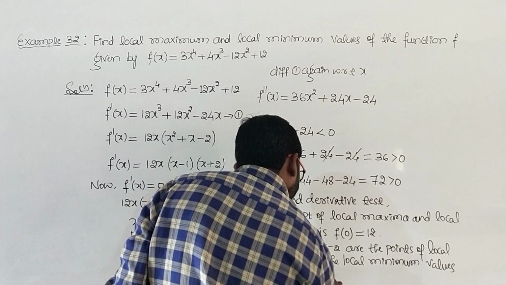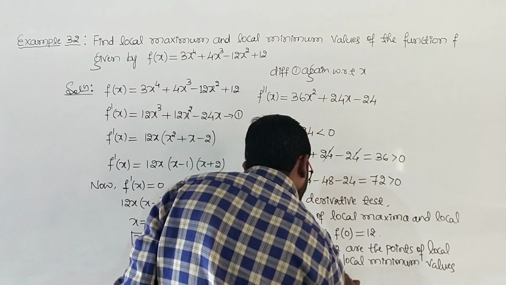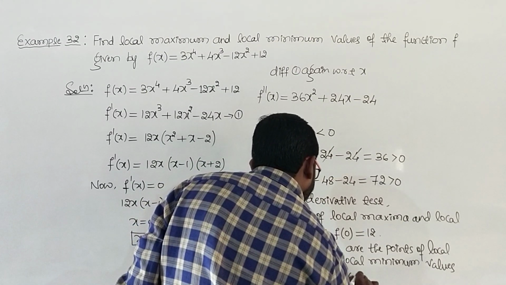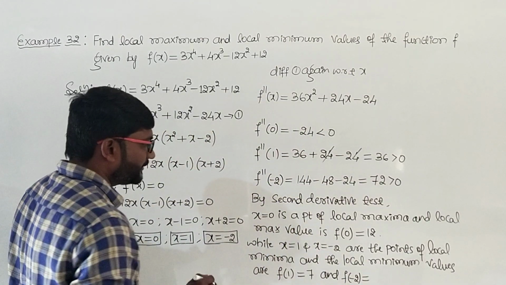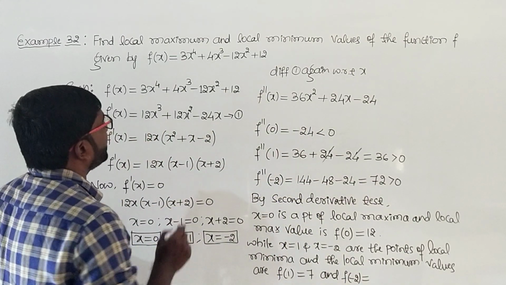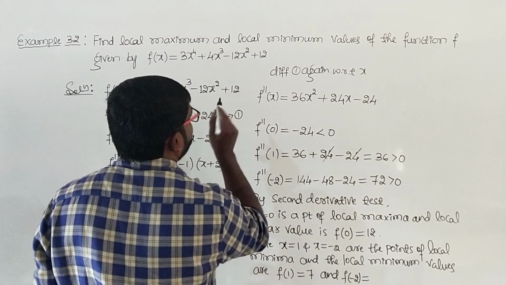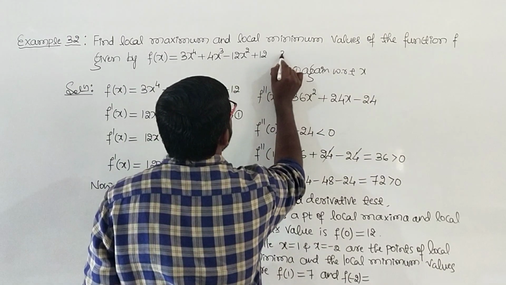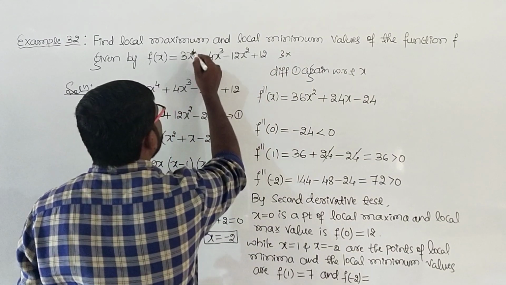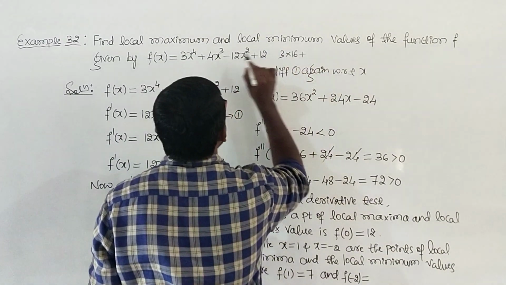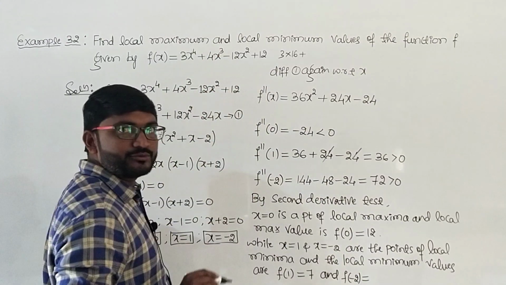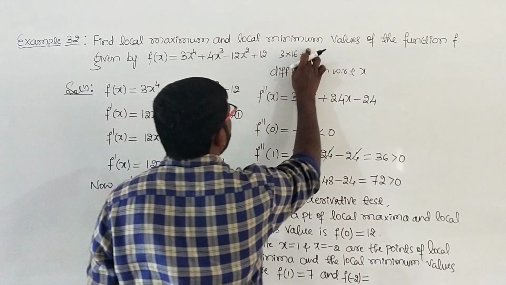And f of minus 2 is equal to, substitute x as minus 2 now, how much do we get, that we have to evaluate. So here 3 into minus 2 raised to 4 is 16, and then plus minus 2 raised to 3 is minus 8 into 4.